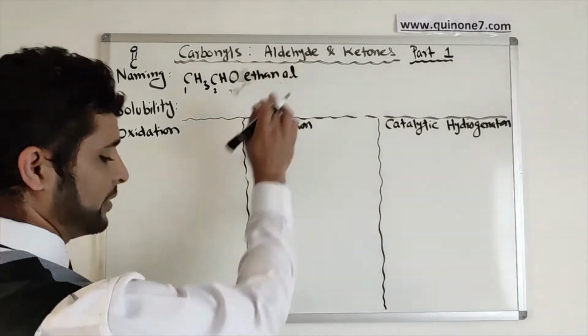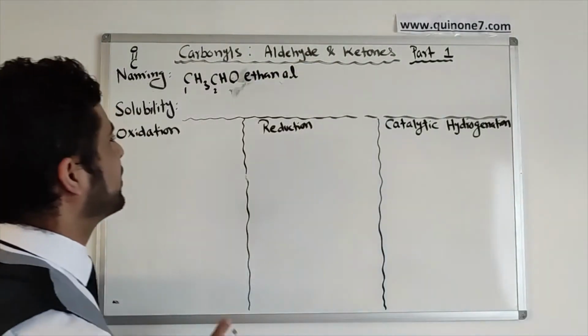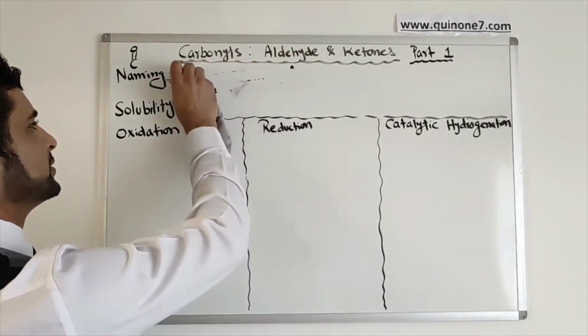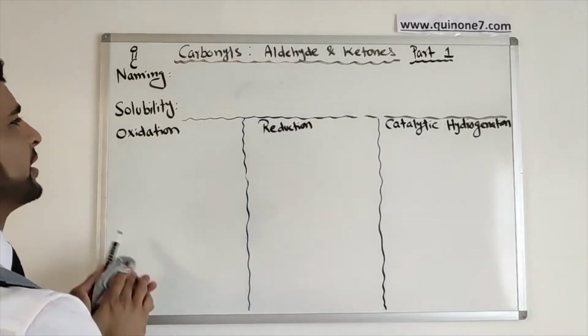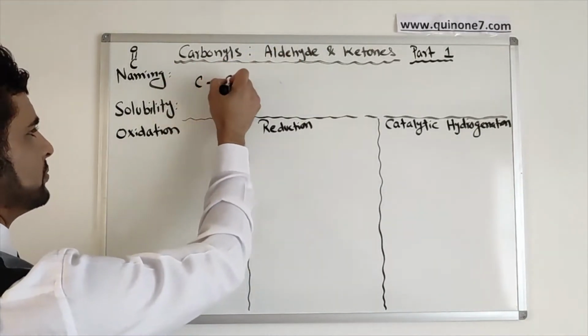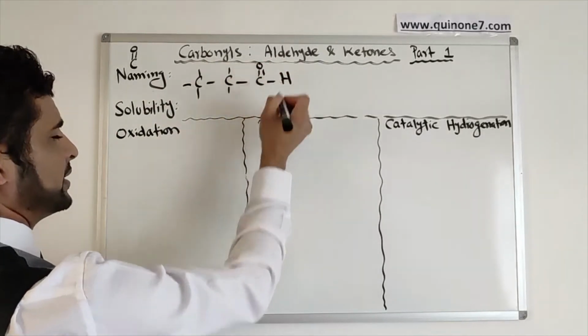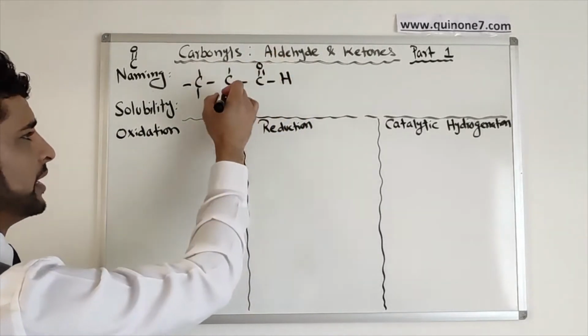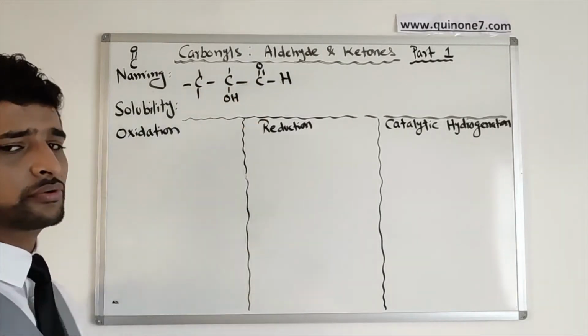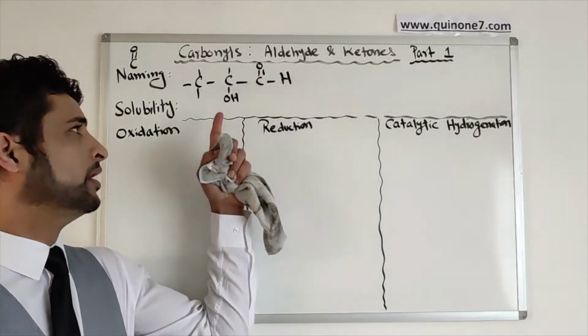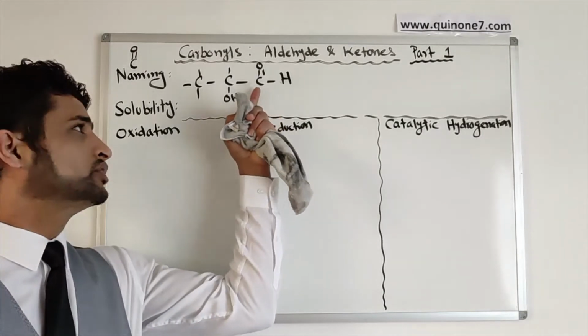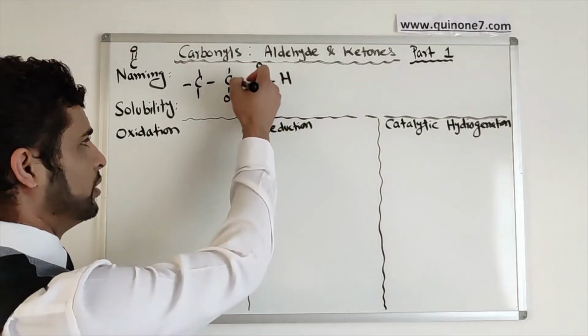Same goes for another example. If I try to explain the side chain as well, for example, if I have this aldehyde, where you have a carbonyl group there and you have a hydroxyl group there, the functional group will have the priority, so you will start counting from there, 1, 2.